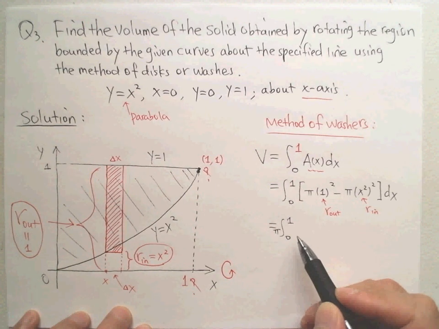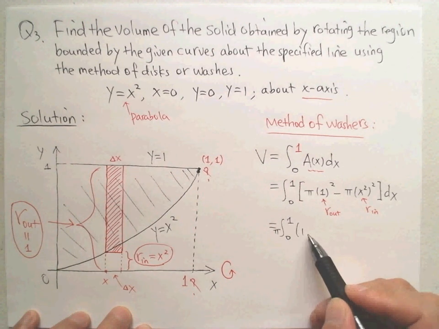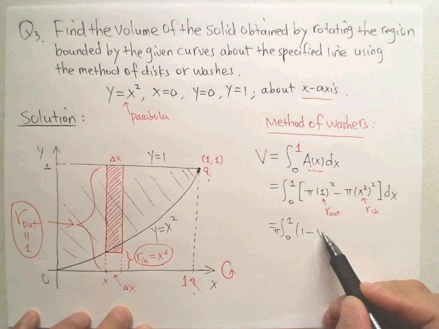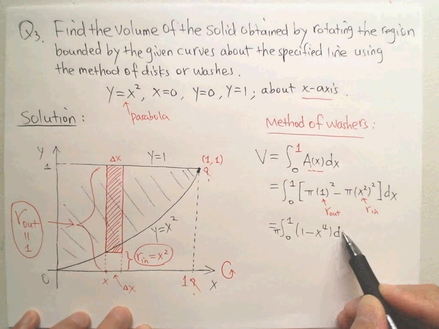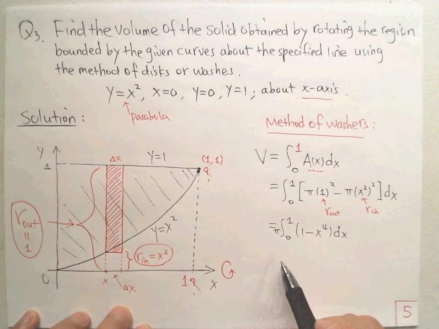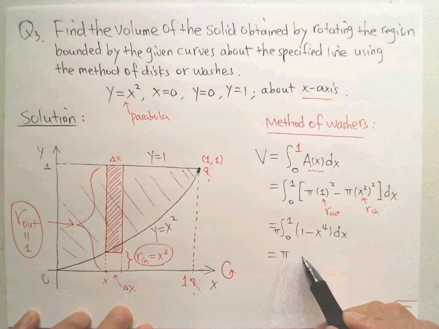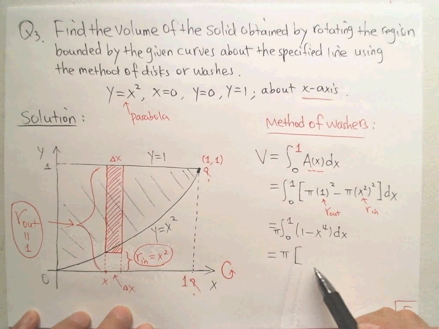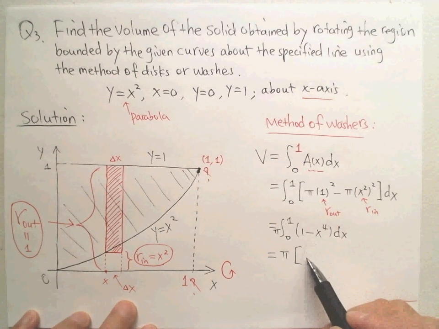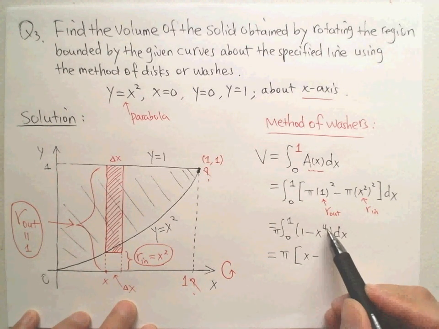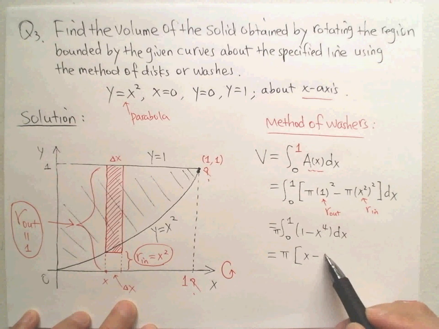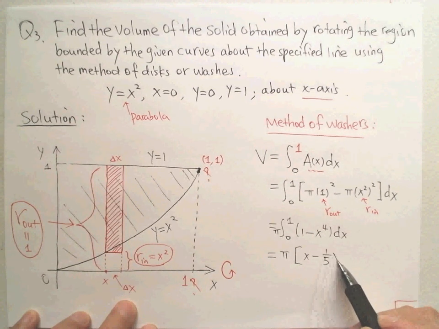I simplify a little bit so we can look at it. I take the pi out. Then this is 1, and this is x to the 4th power. Remember pi is here, and this is a power function, right? It's pi times the antiderivative.